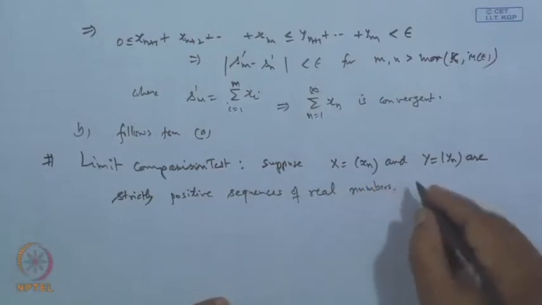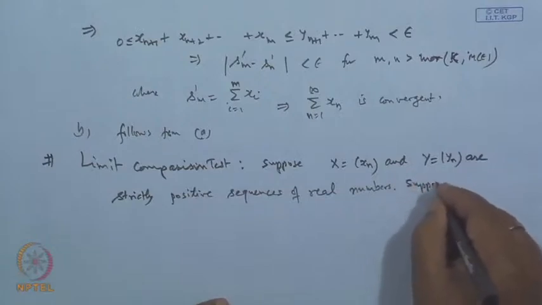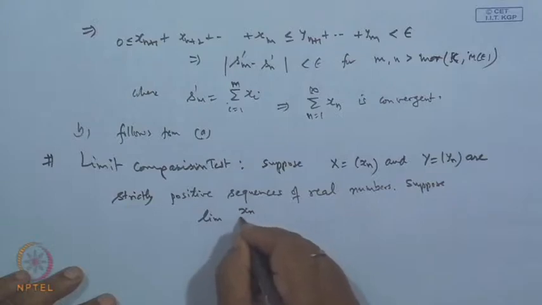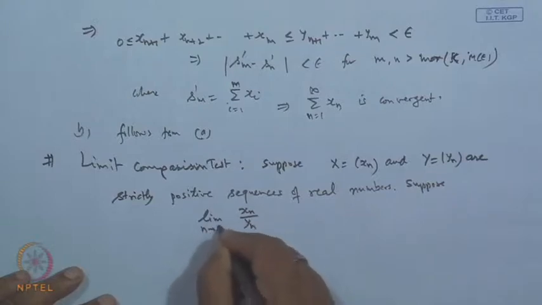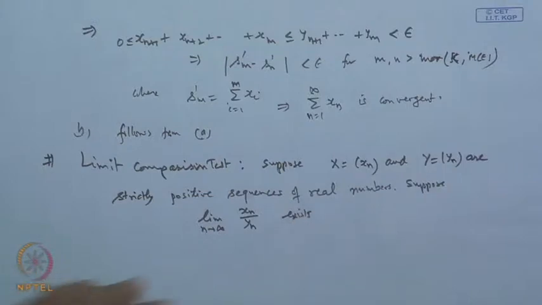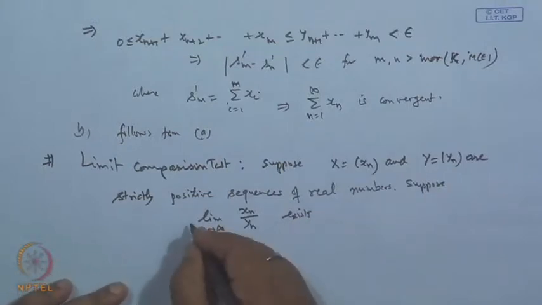And suppose the limit of x_n divided by y_n, when n tends to infinity, exists. Suppose this limit exists, say equal to r.